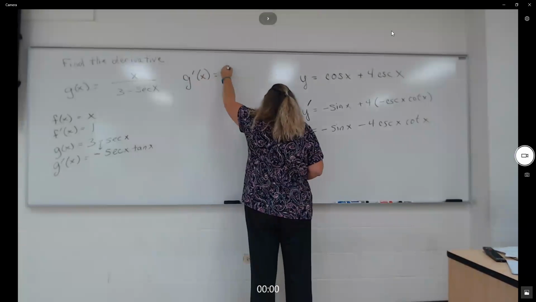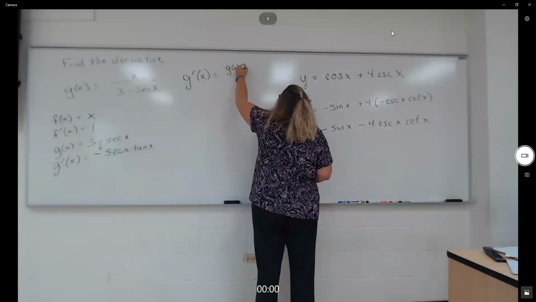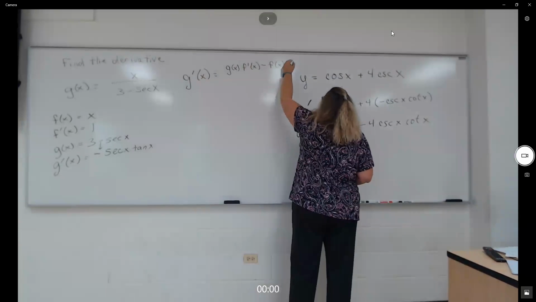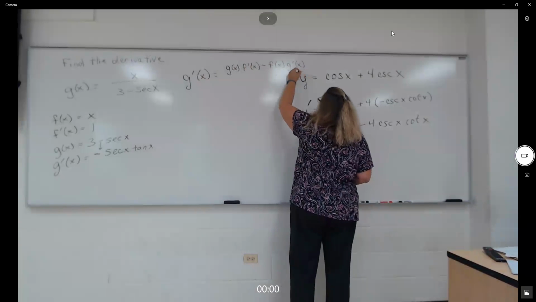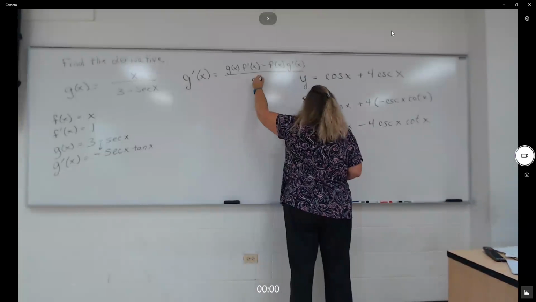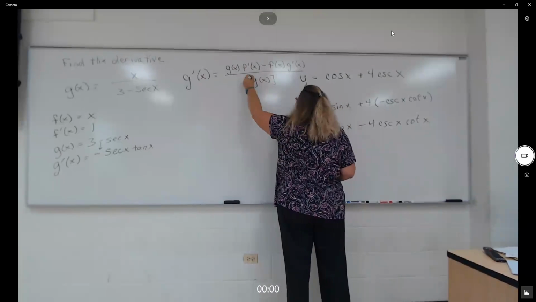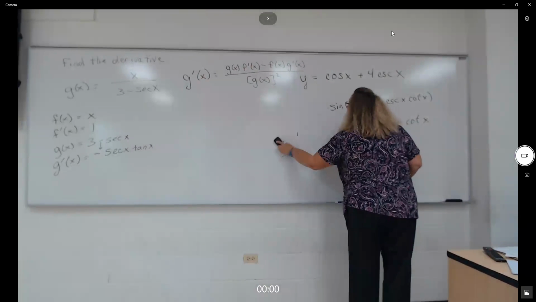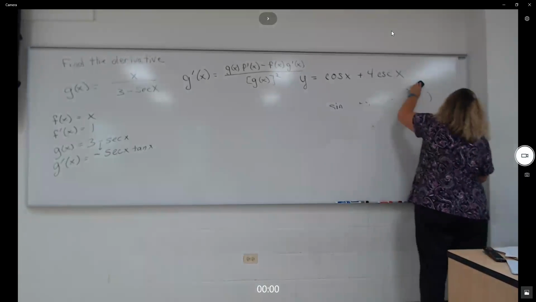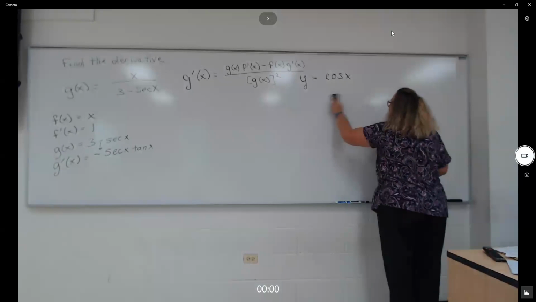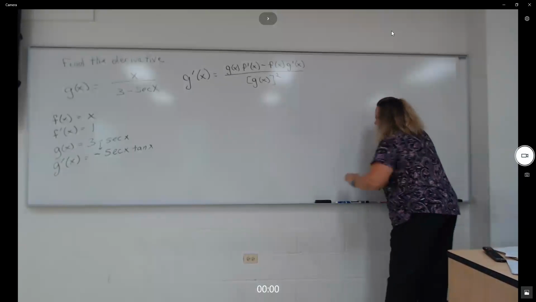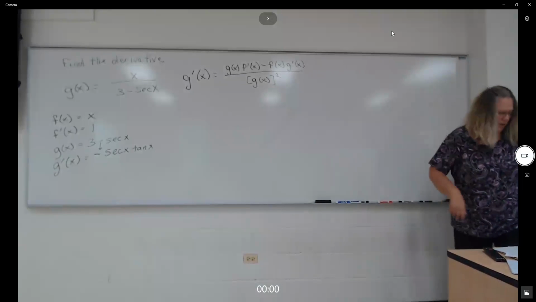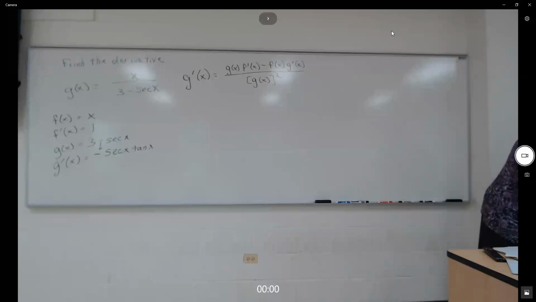G's on the corners. So g of x, derivative of f, minus f of x, derivative of g, and then all over g of x squared. And don't forget the derivative of 3 goes to 0.